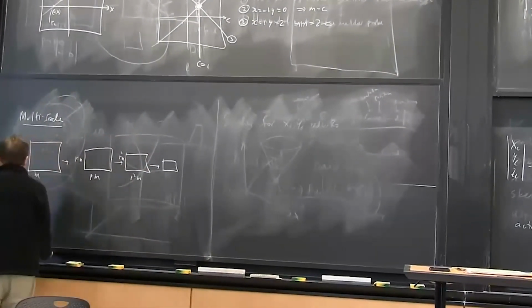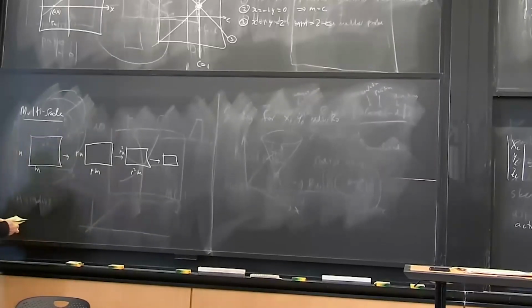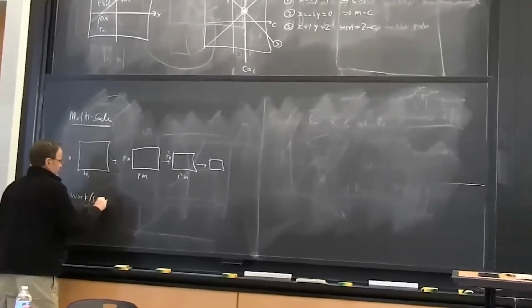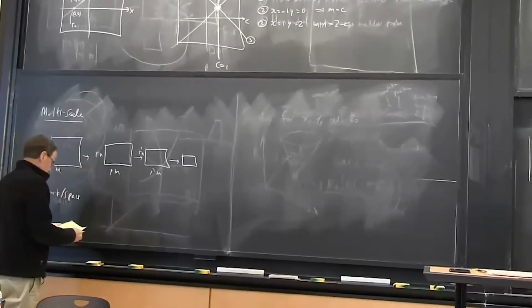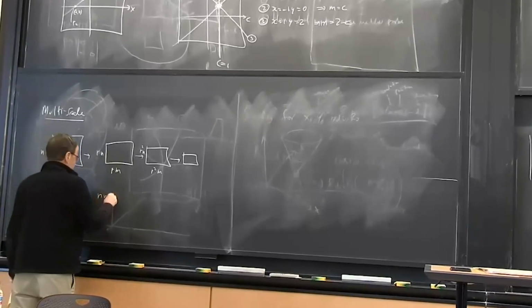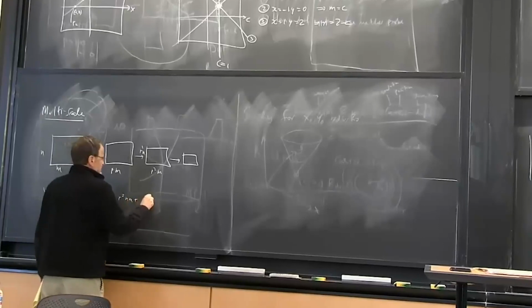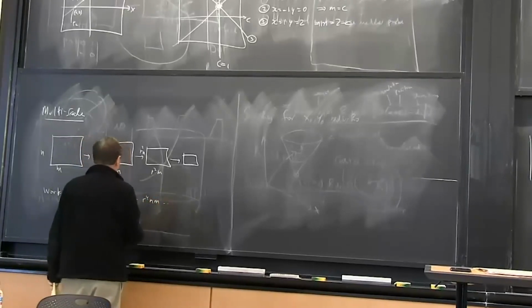Then the amount of work, and also the amount of space if you keep things around, is going to go as nm plus r squared nm plus r to the fourth nm, etc.